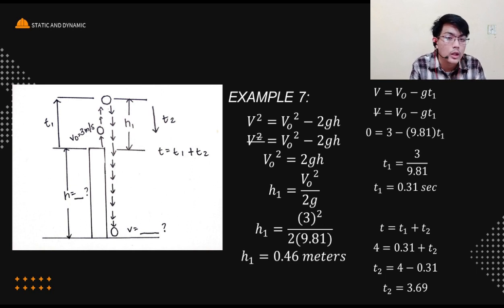Now we just substitute our values, and that shall leave us with v equal to the square root of 2 multiplied by our gravity, which is 9.81, multiplied by our height ht, which is 66.79, leading us with a velocity of 36.2 meters per second. And that's all for that example.